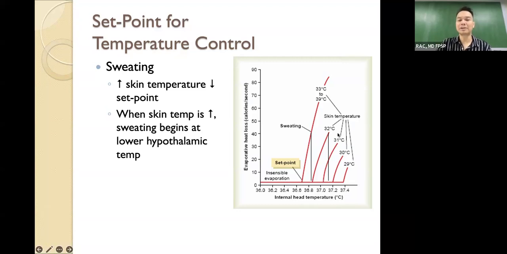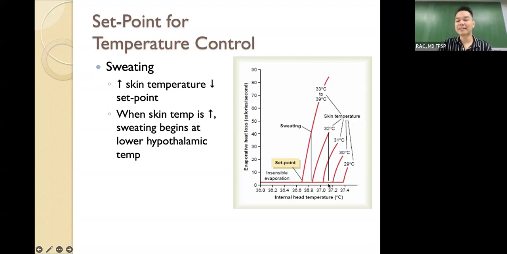So for example, let's look at 32 degrees. If the skin is at 32 degrees, the hypothalamus will set the set point at around, let's say, 36.9. But if the skin is at 32 degrees, the threshold for sweating begins at around 37.1.